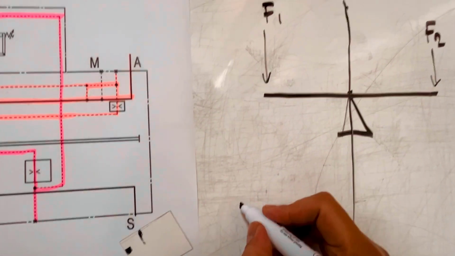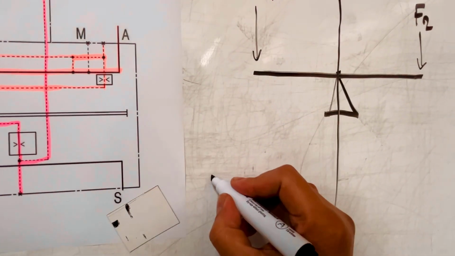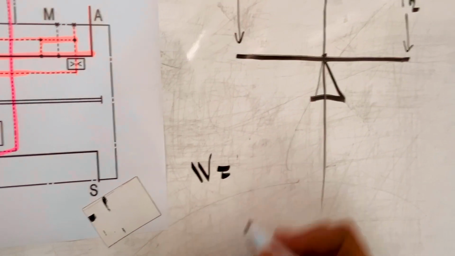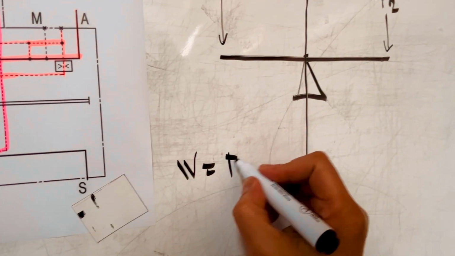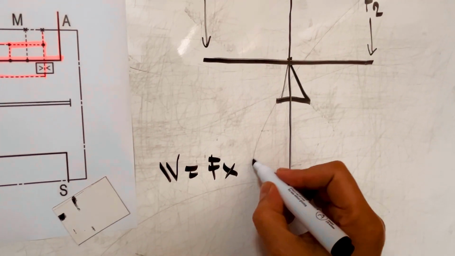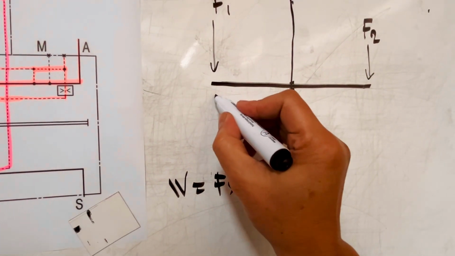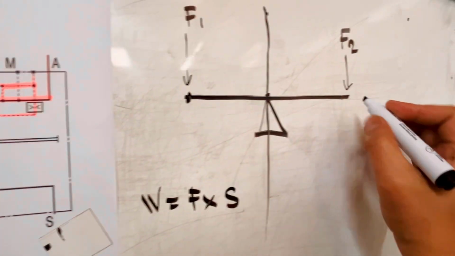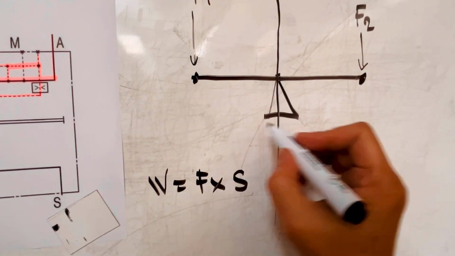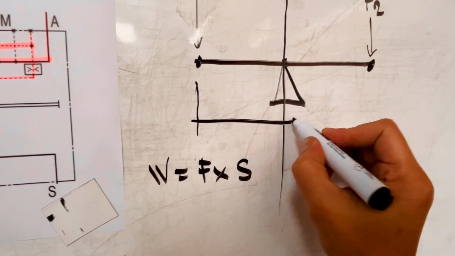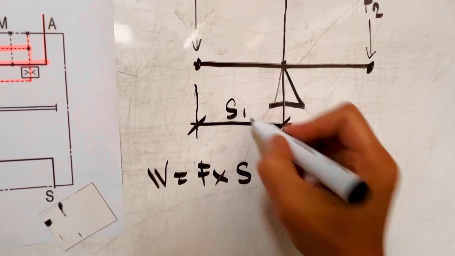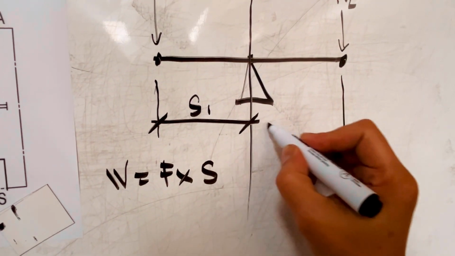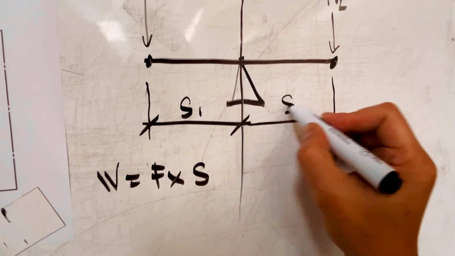So back again to the formula principle, guys. Work is equal to force times what? Distance. From this point to this point, the center line, you have your S1, and then this one here, S2.